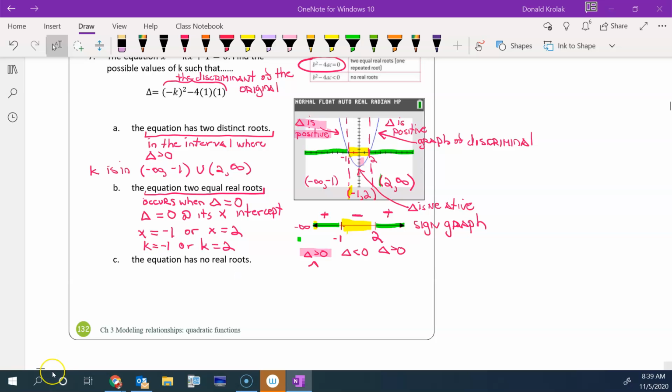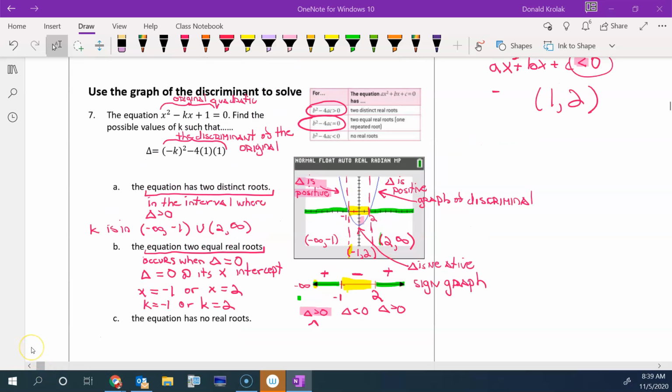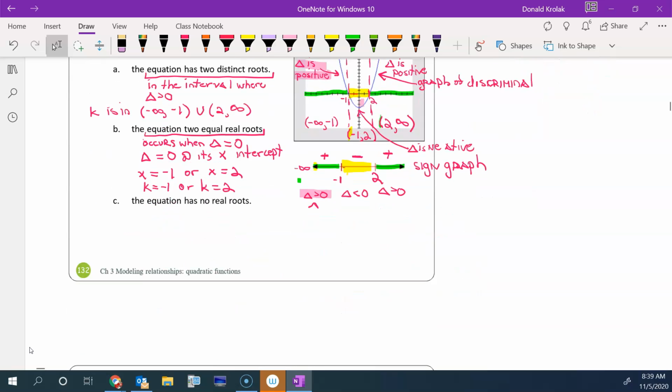Now it says, where does the equation have no real roots? So for it to have no real roots, this is going to be in the intervals where the discriminant is less than 0, where delta is less than 0.